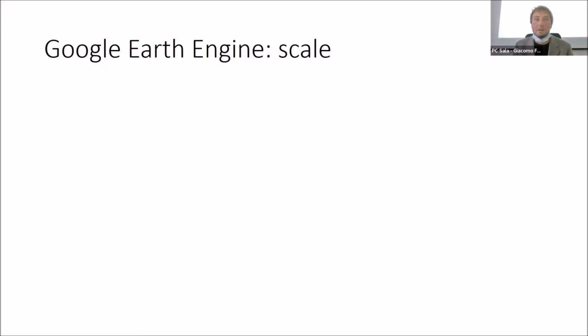This is generally called the resolution. It can be 500 meters, 1 kilometer, 5 meters. It is the spatial scale at which the observations are measured. And in Google Earth Engine, this is called scale.